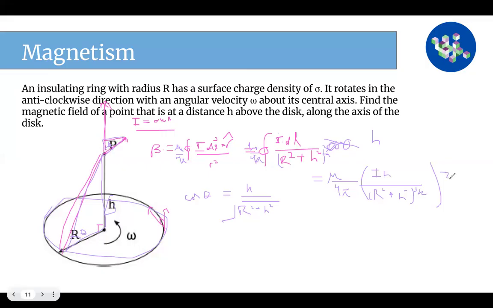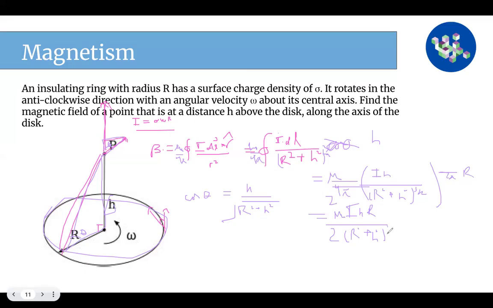So 2 pi big R, and this will further simplify, because these two will cancel, right? So it'll be mu 0 I h big R over 2 times r squared plus h squared to the 3/2 power.